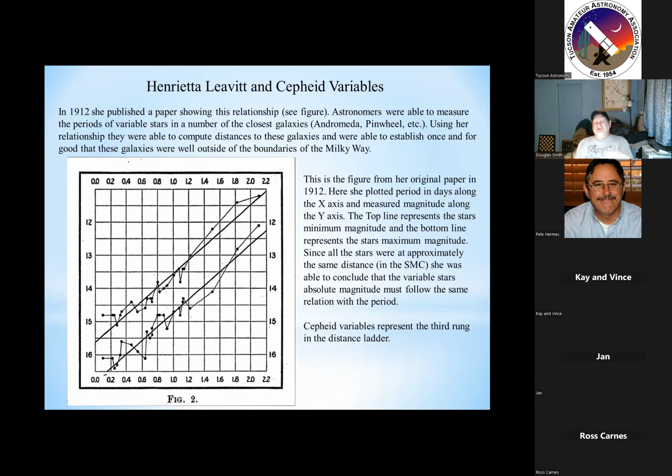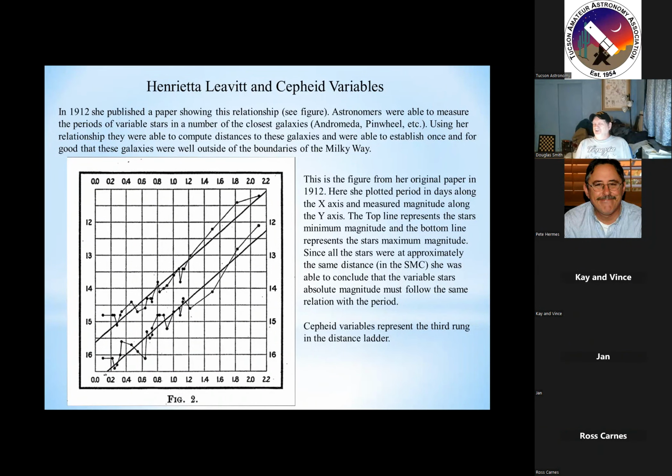And thus, if you could measure the period of the variable star, you could again map it directly to an absolute magnitude, and then you could measure the apparent magnitude by looking at the star and thus compute its distance.